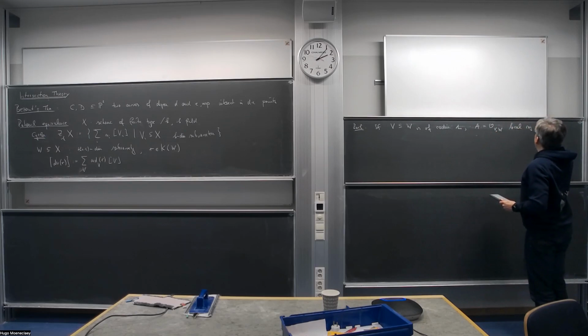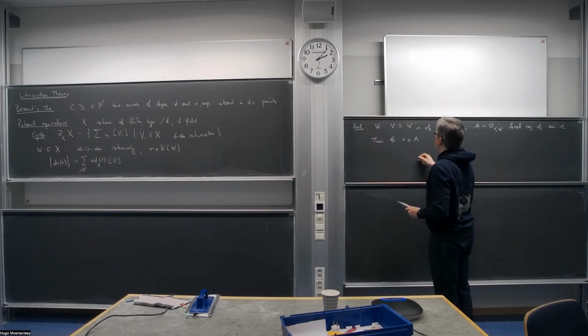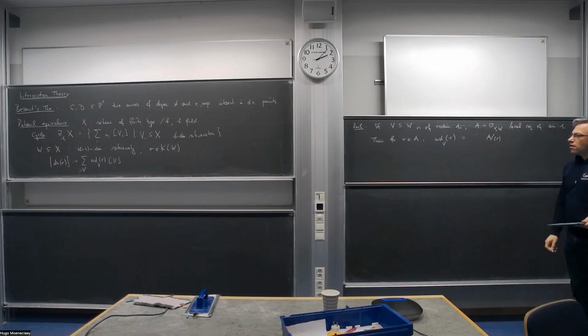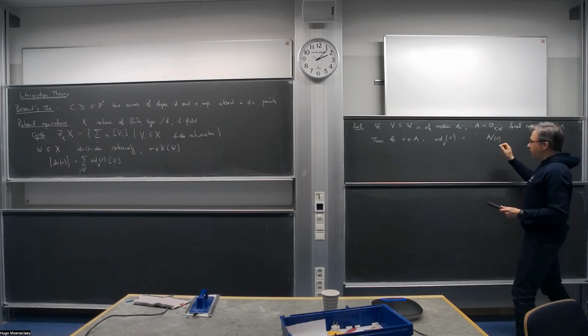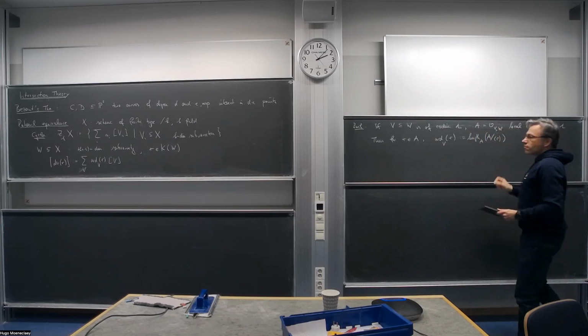Then for R an element in its local ring A, we define the vanishing order of R along V. We take the module A modulo R, and one can show that this module has a finite length as an A-module.